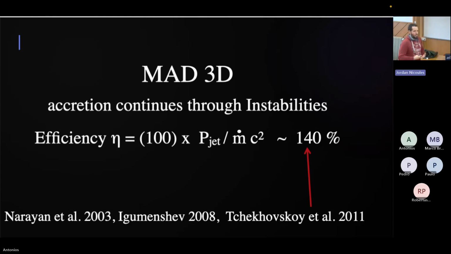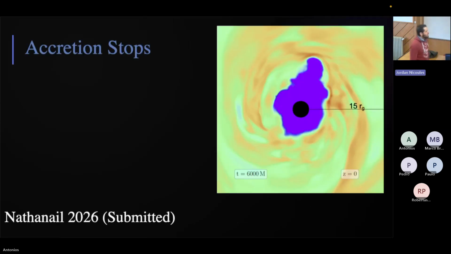These are not numerical relativity simulations, so I cannot change the space-time, so really change the spin of the black hole, but because I'm taking extra energy from the one that I put in my reservoir, this comes from the spin of the black hole, and I'm certain that this is a Blandford-Znajek mechanism. So accretion continues. Here I want to show you new solutions where accretion stops.